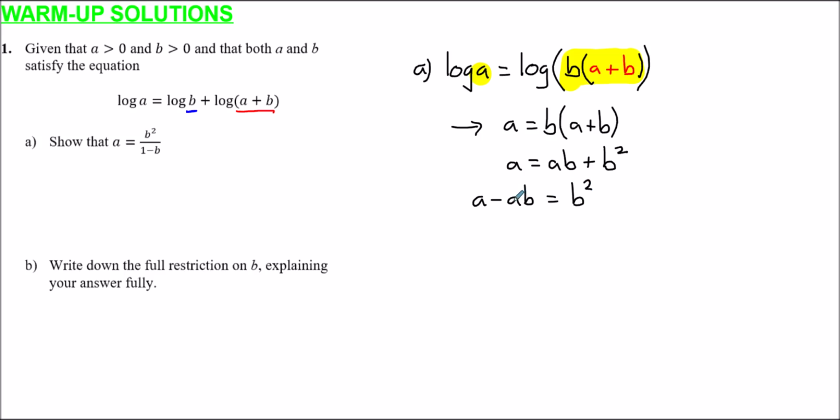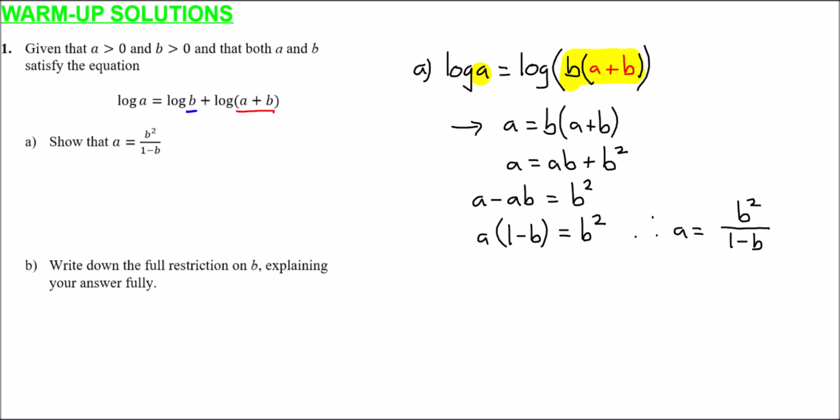On the left we can now factorise out an A from all of this, so we have A, brackets 1 minus B, equals B squared. And the final step, we can just divide both sides by 1 minus B. So therefore, we have A equals B squared over 1 minus B.